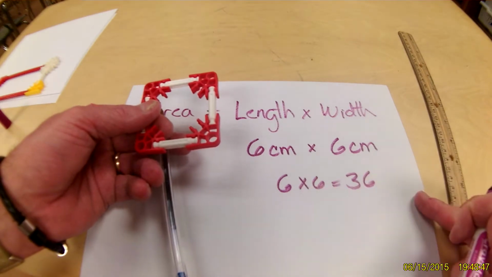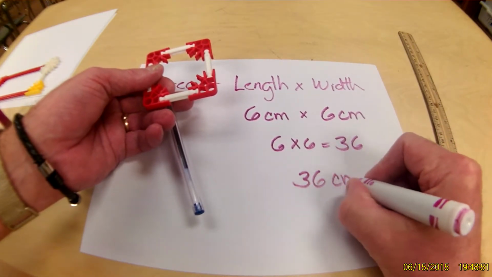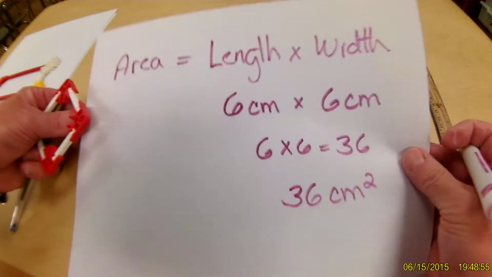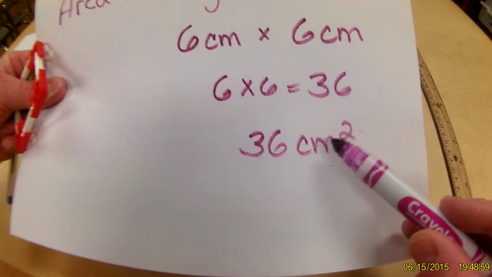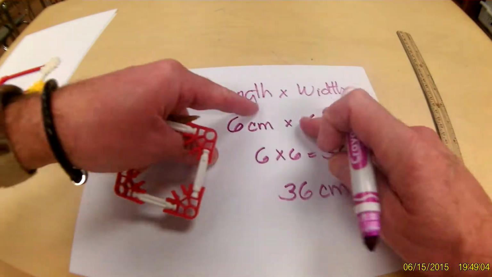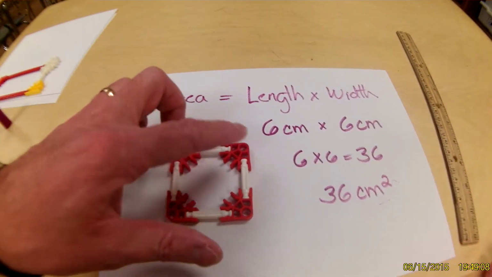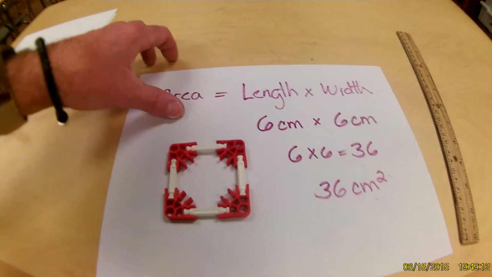That tells me I have 36 square centimeters. And when I write it like this, 36 cm², that means square centimeters. So that's how we figure out area. Especially when we're measuring KNEX, we have to be real flexible. So let's try another one.